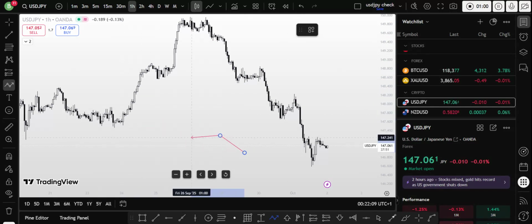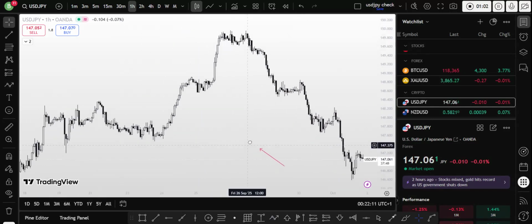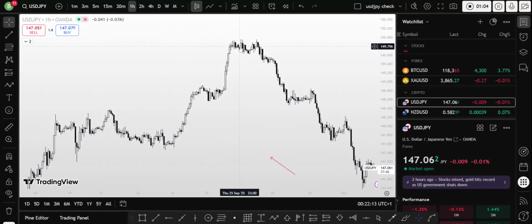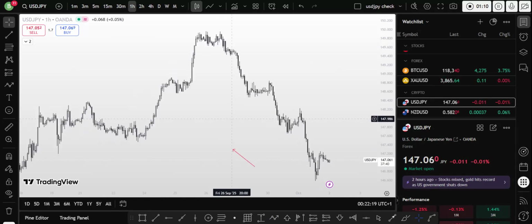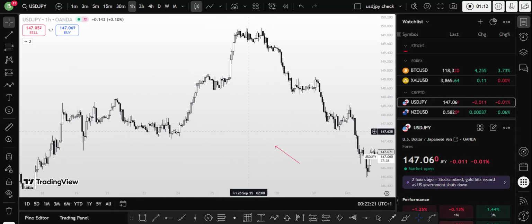There are two ways in which markets move: uptrend and downtrend. There are three ways, actually. We have range market also, but the two ways we are very interested in are uptrend and downtrend.